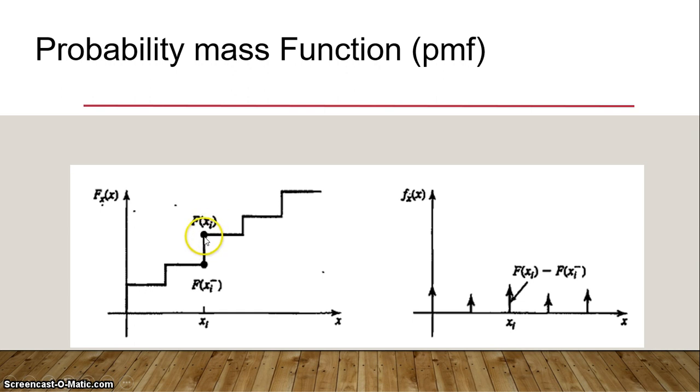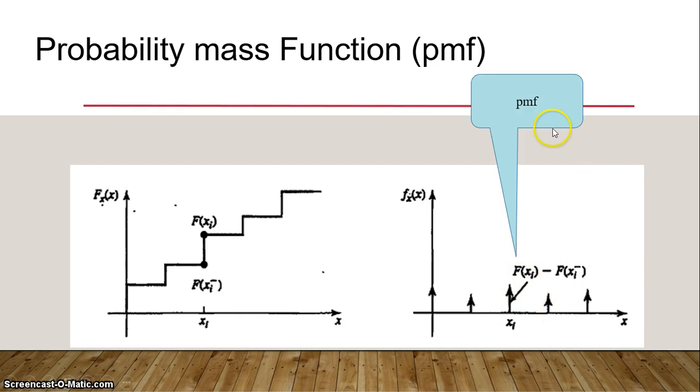It is equal to F(x_i) minus F(x_i minus), which is actually taking the same value. Whatever amplitude you have here, you can take as x_i minus, till x_i.